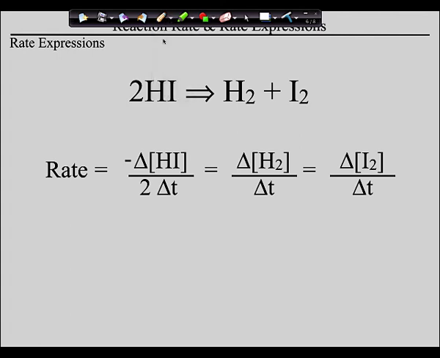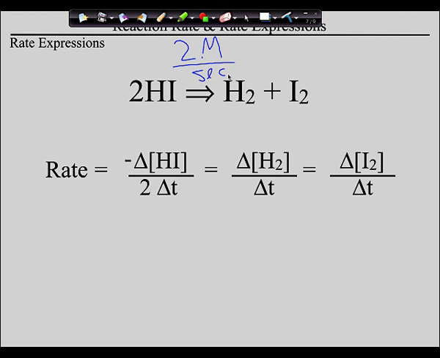So say that the rate of production of hydrogen gas is 2 molarity per second, okay? So that's how fast hydrogen is being produced. How fast is HI being consumed? Let me show you how to do this.